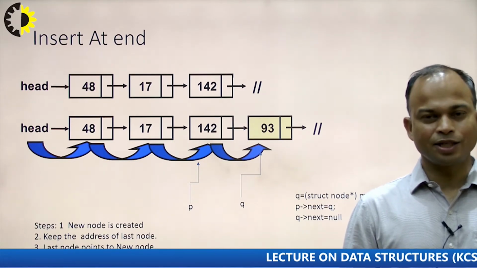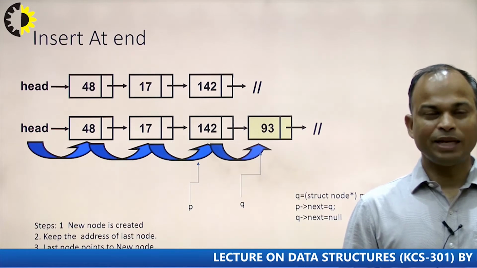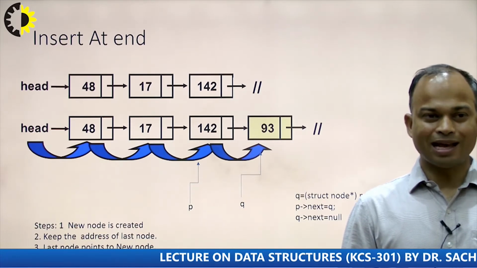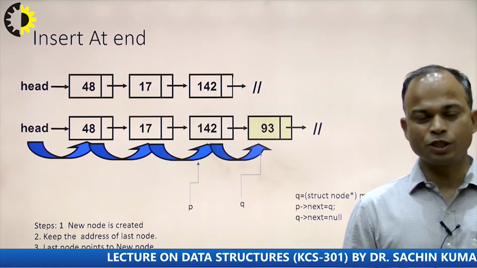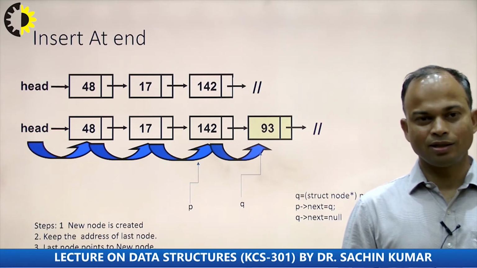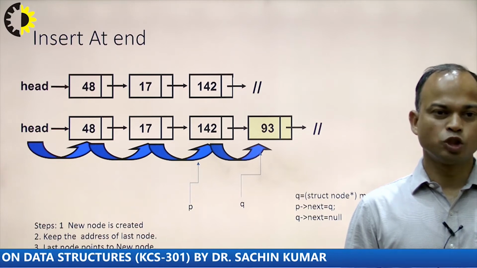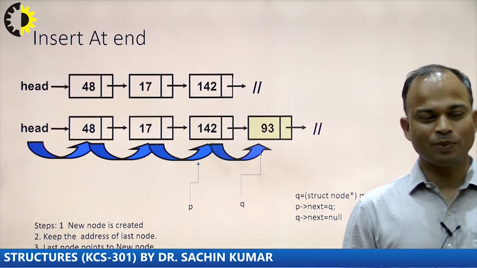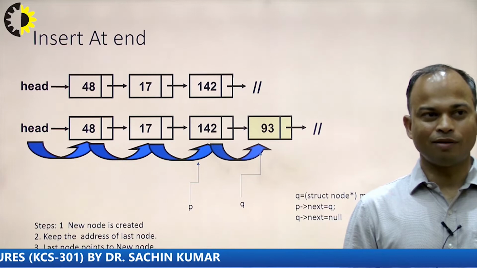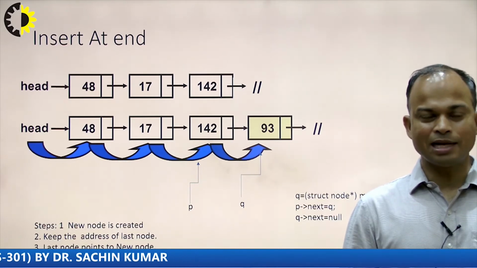After getting the address of the last node, we need linking. The last node should point to the newly created node, and the next part of the newly created node should point to null. So, in this way we can implement the concept of insertion operation at end.